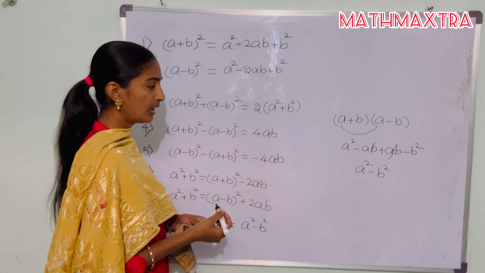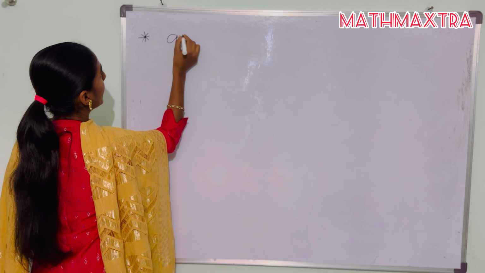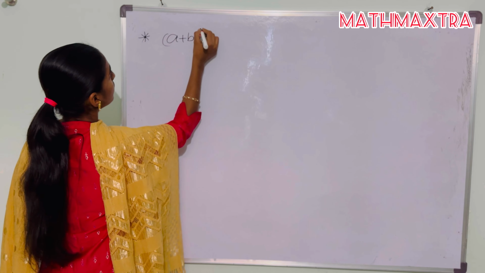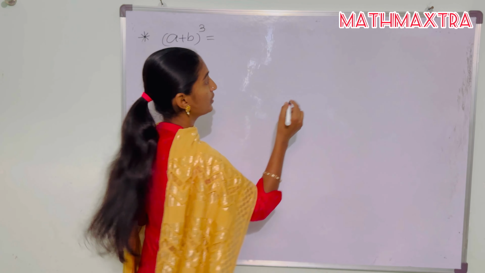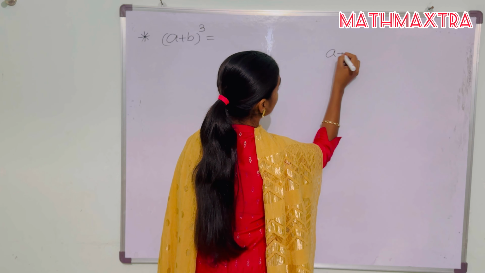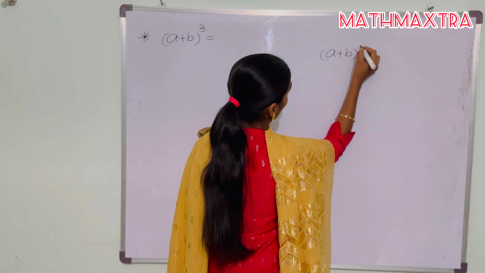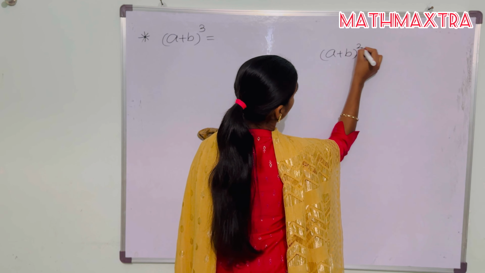Okay. What is a plus b whole cube? So how can you write a plus b whole cube? You can write this as a plus b whole square into a plus b, isn't it? Bases are equal, exponents you can add, which is nothing but a plus b whole cube. Okay. So now you know a plus b whole square value. What is it?